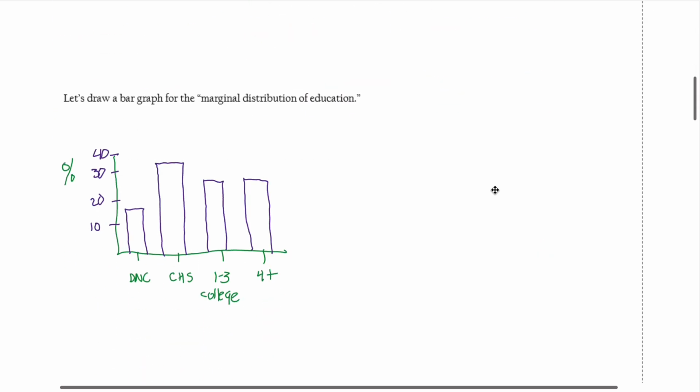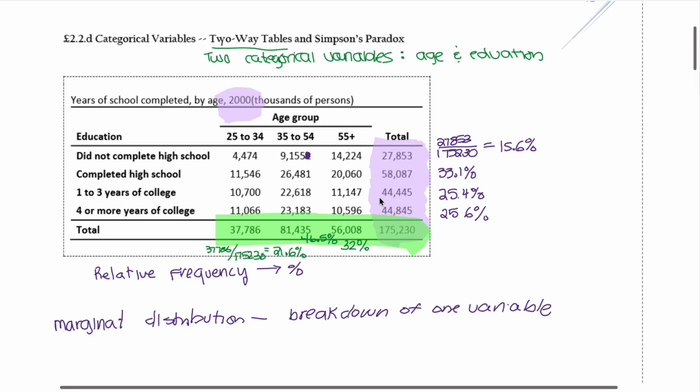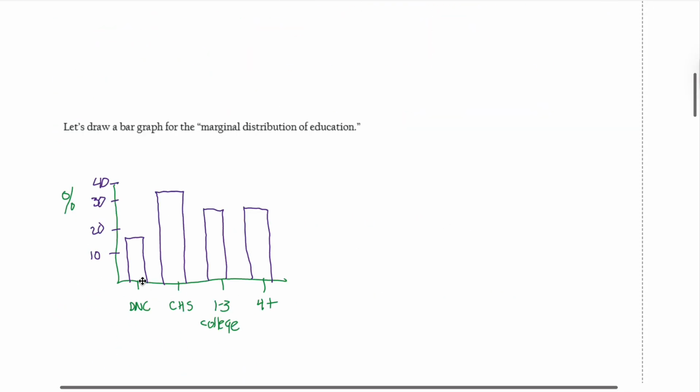So basically what we're doing is using the total. For different education level people, in here will be 27,853 divided by the total number of people the survey included, and get the percentage. And we're going to plot the percentage onto this bar graph. The x-axis is the college and the y-axis is simply the percentage.